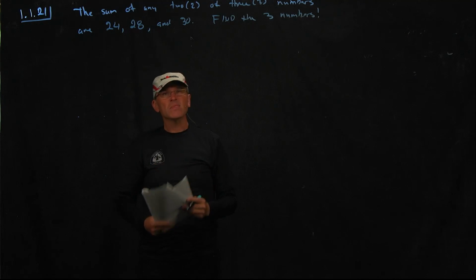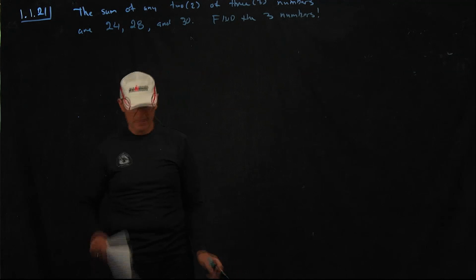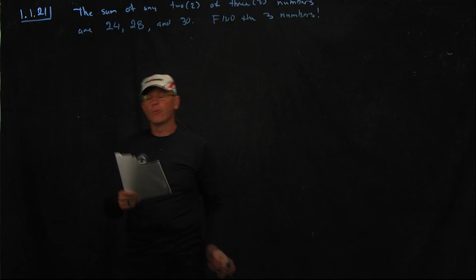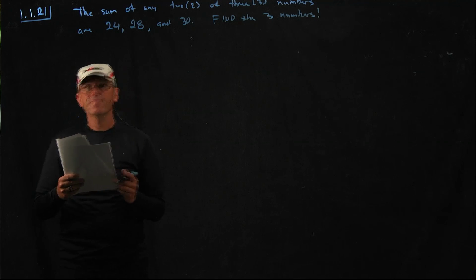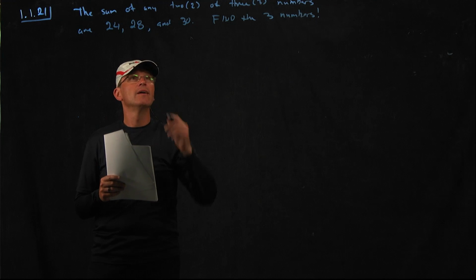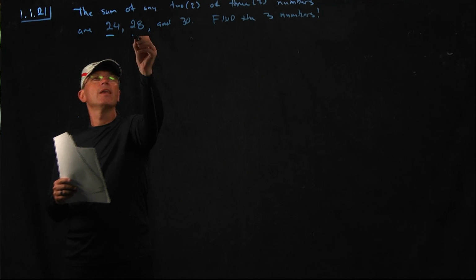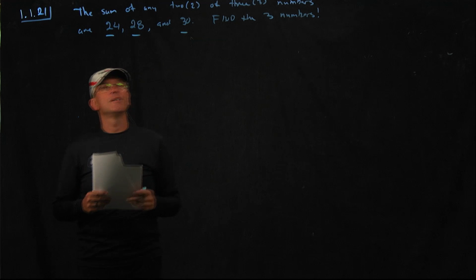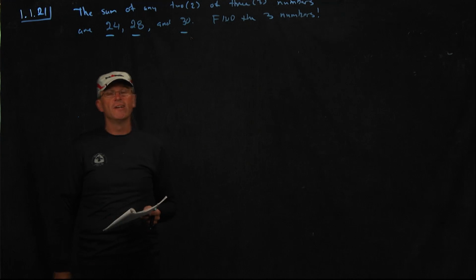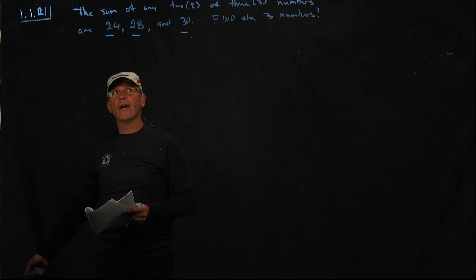All right, so we're looking for three numbers. So we can call them anything we want. And what do we know? Well, if we add them pairwise, we end up with these sums. Right, so if we're looking for all possible pairs of three, it means that we're leaving one out.